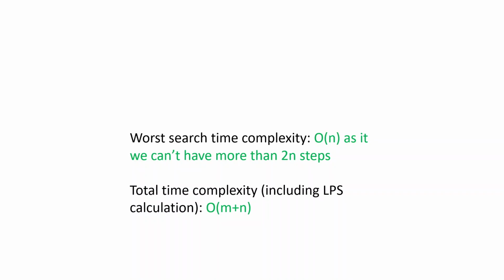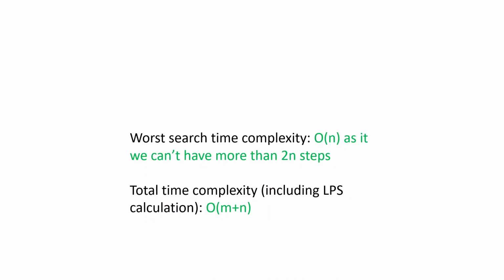But if we increment pattern counter that many times, that means we have incremented our text counter that many times also, and we never decrement text counter, right? So because we have incremented text counter that many times, that means we have reached the end of the text, right? So there is nothing more to search.